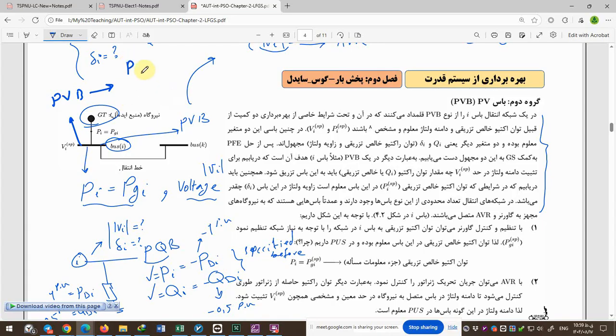P and the magnitude of voltage. Pi and the magnitude of voltage are specified, and which ones are unknown? The angle of voltage and reactive power.